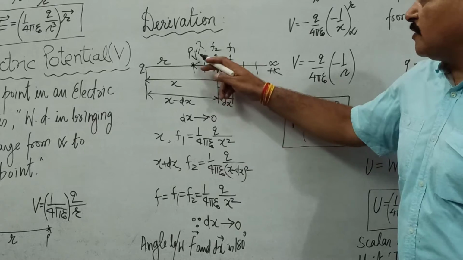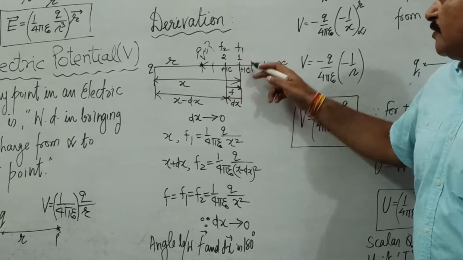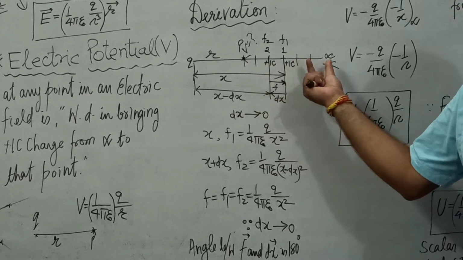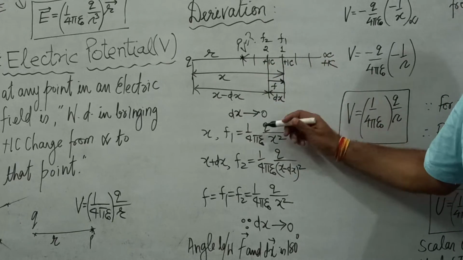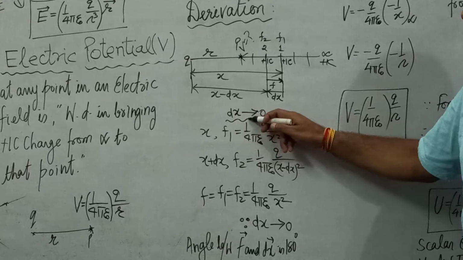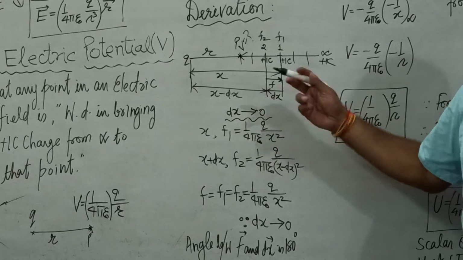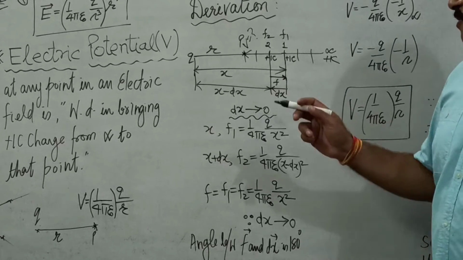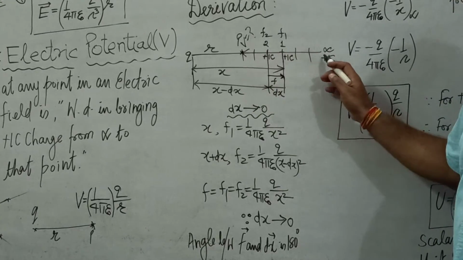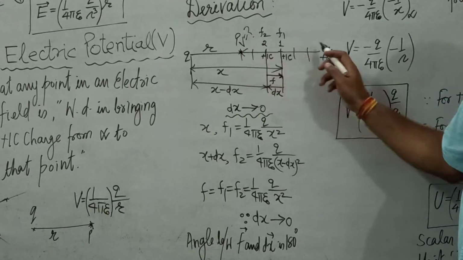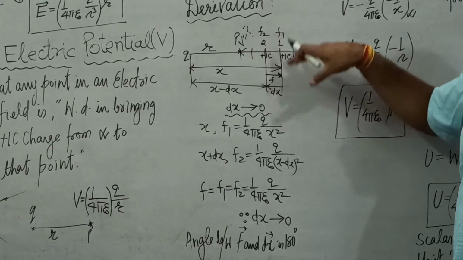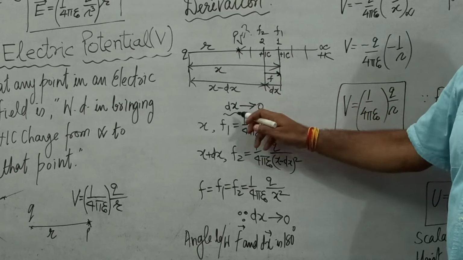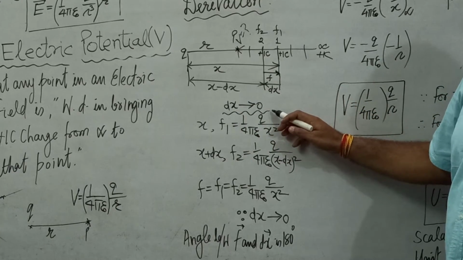For that we divide the whole displacement into an infinite number of infinitesimally small displacements dx each, and one dx is so small that it tends to 0. Please listen to these statements very carefully. You have to write them down when you derive this expression. So we divide the whole displacement from point P to infinity into an infinite number of infinitesimally small displacements dx each, and one dx is so small that it tends to 0.